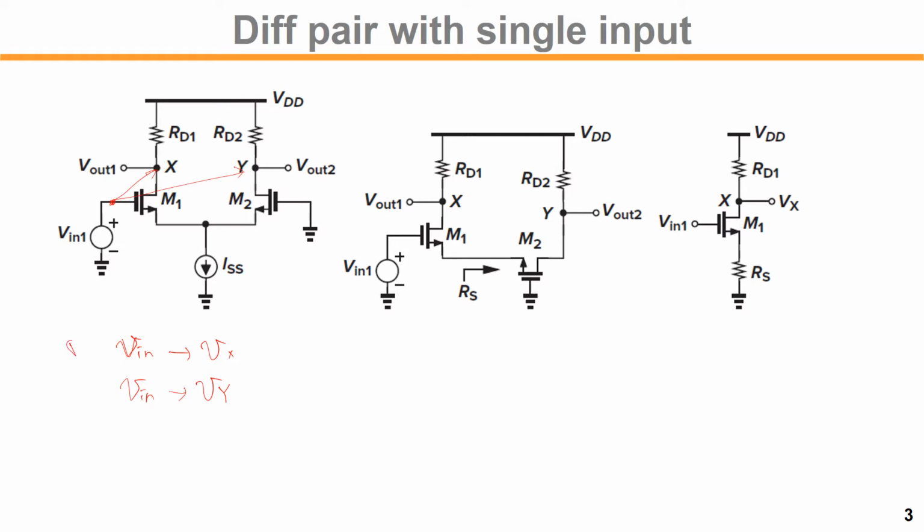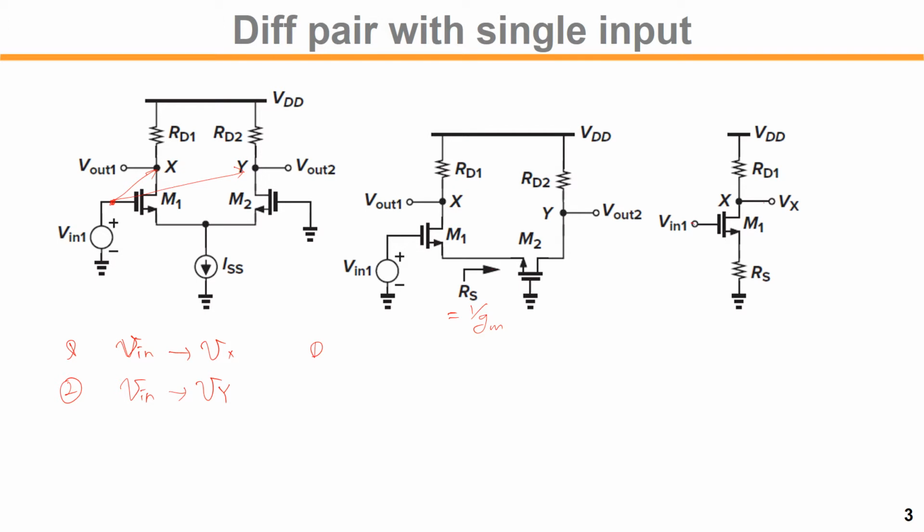First step, if you look at the resistance looking into M2, that would be 1 over gm. So we can find the gain from input to Vx.